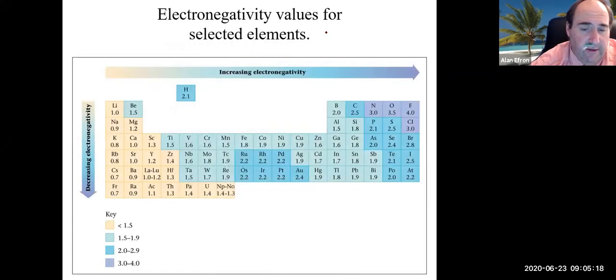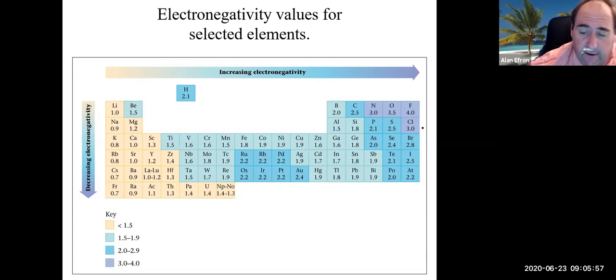So let's take a look at a chart here. This is an electronegativity chart, not from your book, but I believe you have a similar one in there. As you can see on the left-hand side of this scale, where we have our metals, we have much lower numbers closer to 0, which means they're not very electronegative. As we proceed up and to the right on the periodic table, we're getting towards 4.